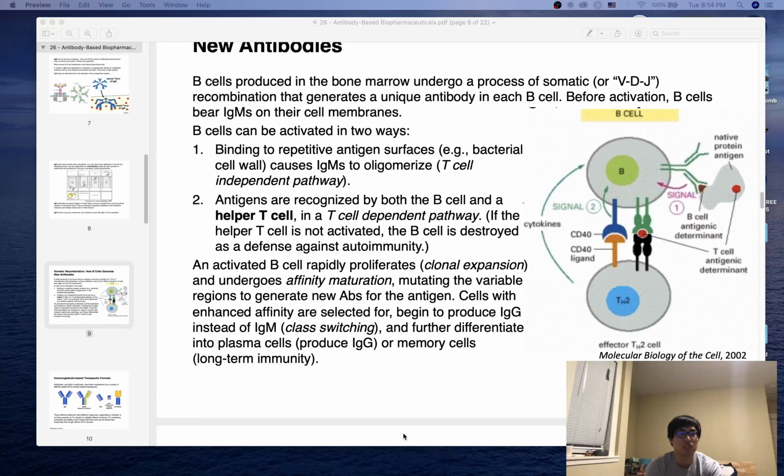But what you should know, based on our research study, is that there is always affinity maturation, but the neutralizing ability is not equal to the binding affinity. It's not always related to the binding affinity.